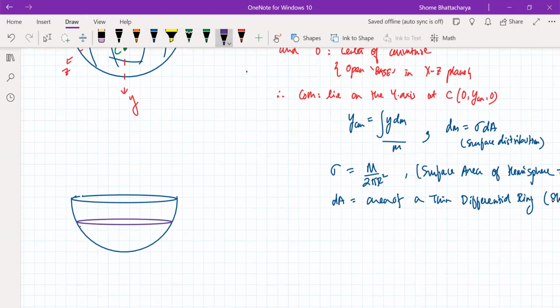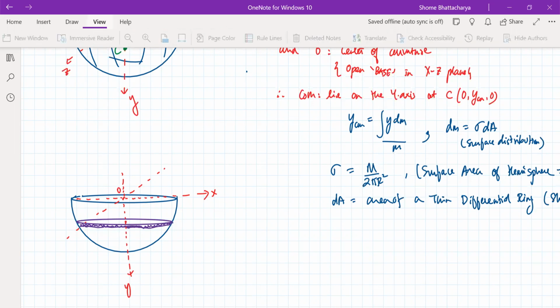Okay, so consider a thin ring like this over here. This is where the center of that ring is lying.